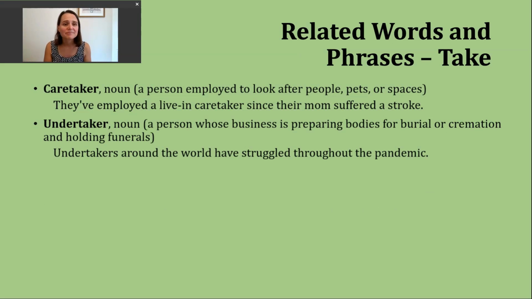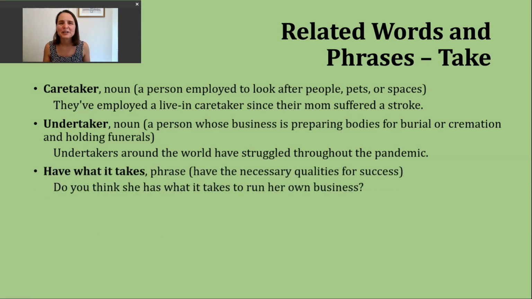An example of this: undertakers around the world have struggled throughout the pandemic. I've watched a few news-related stories about this, and it always kind of breaks my heart to see how stressful and difficult their jobs have been because there has been so much more death than normal due to COVID-19.